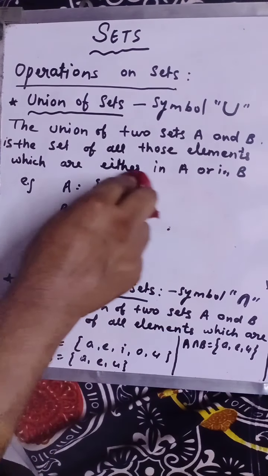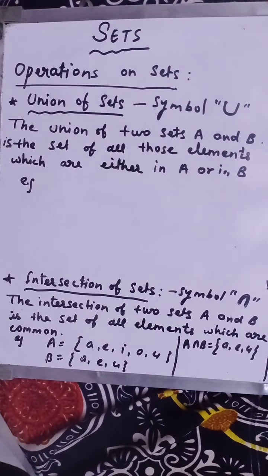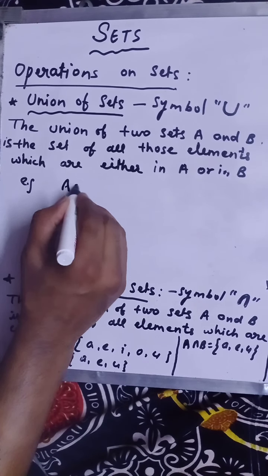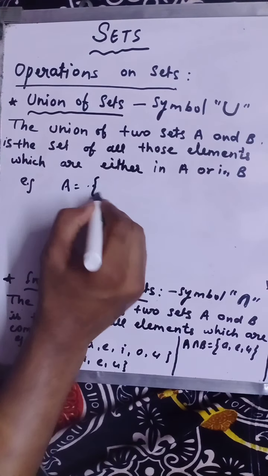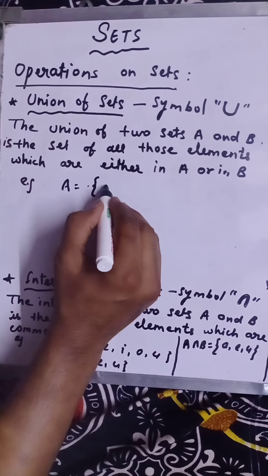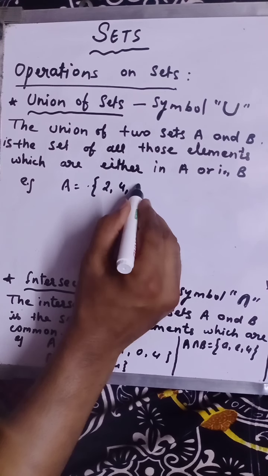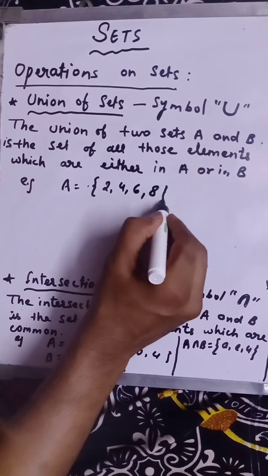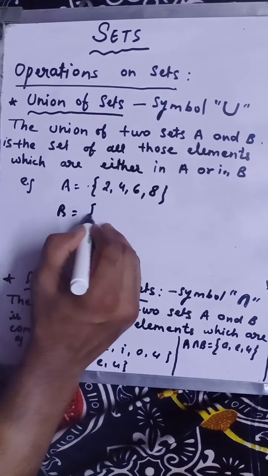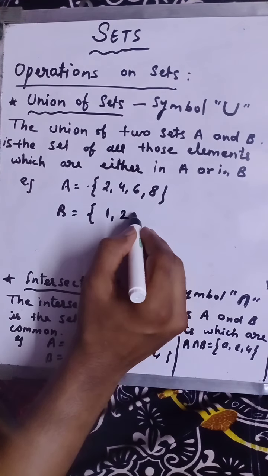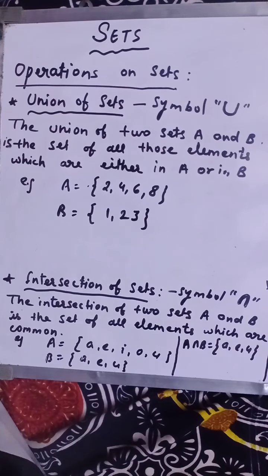Wait. If I take the example, A is 2, 4, 6 and 8, and your B is 1, 2, 3.